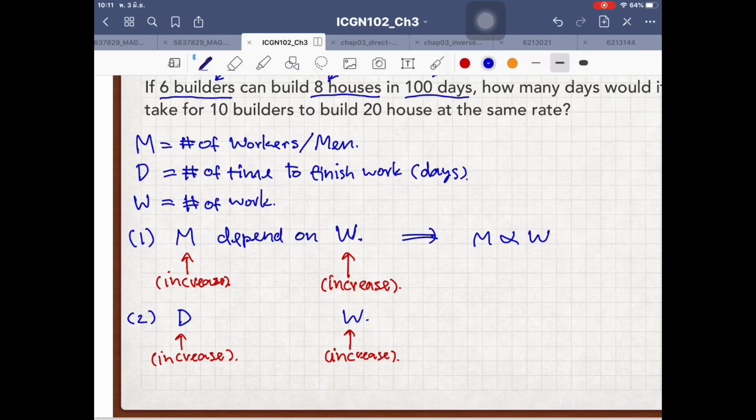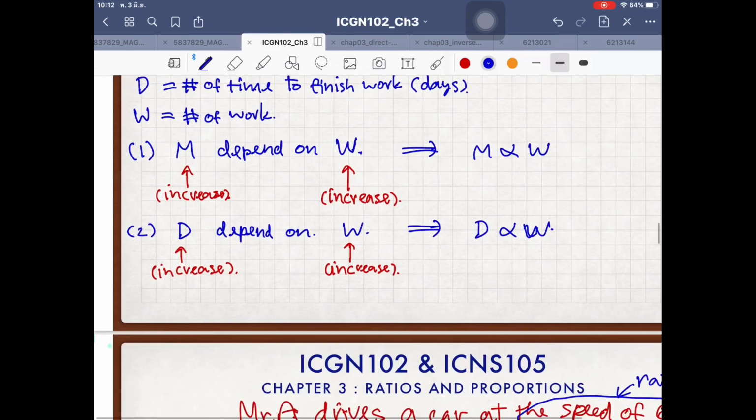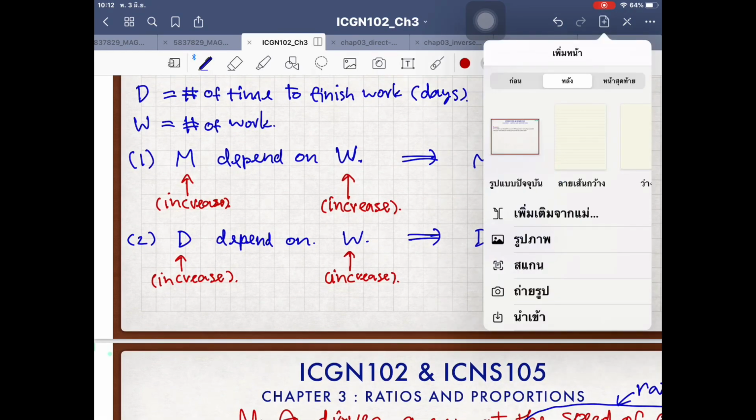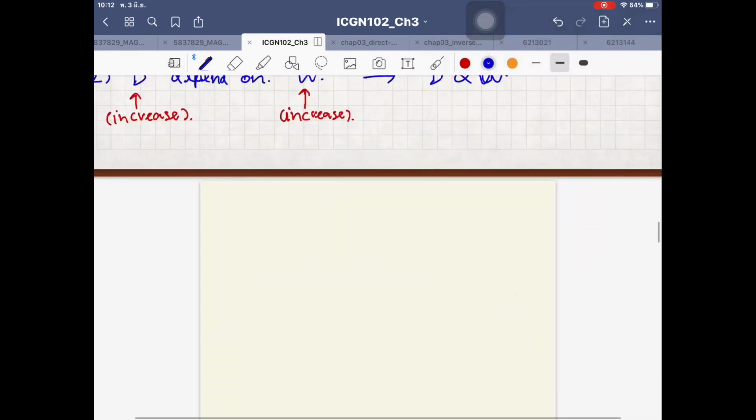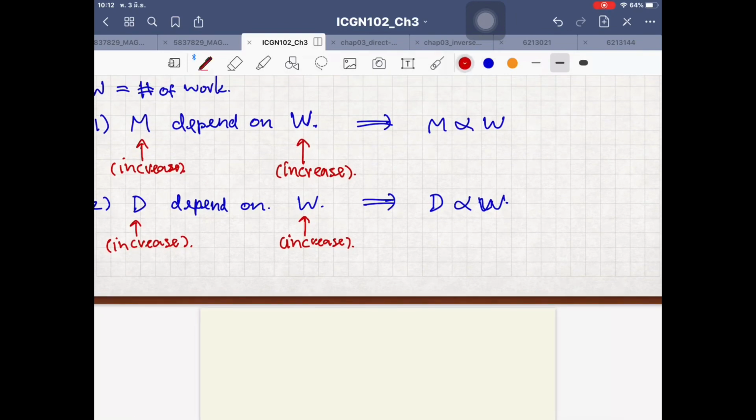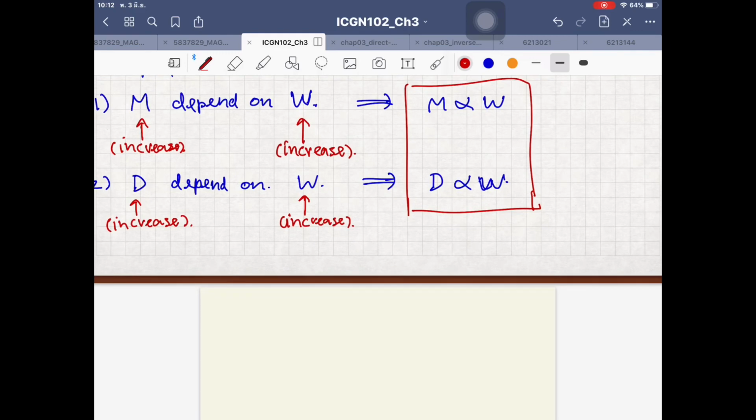So in this case, D can depend on W as well. And from these two expressions, if we put them together, we can say that M times D can depend on W.